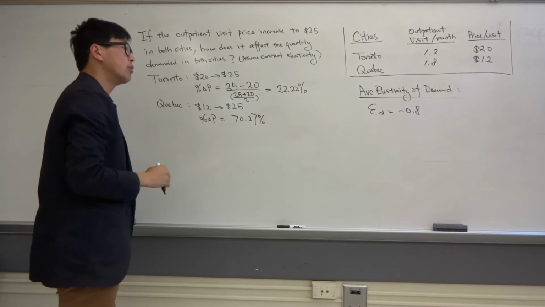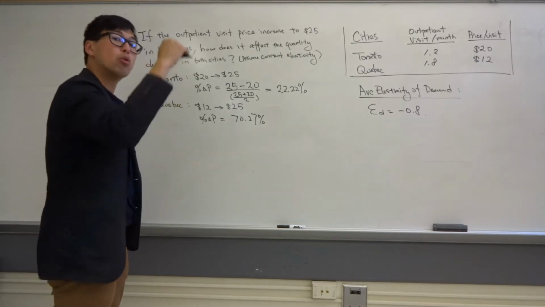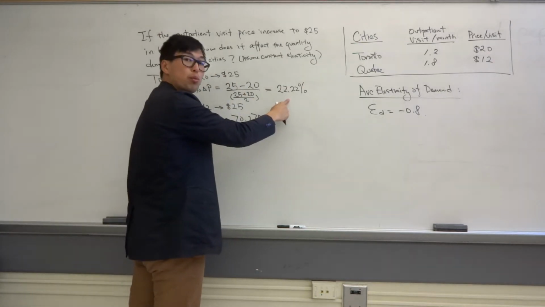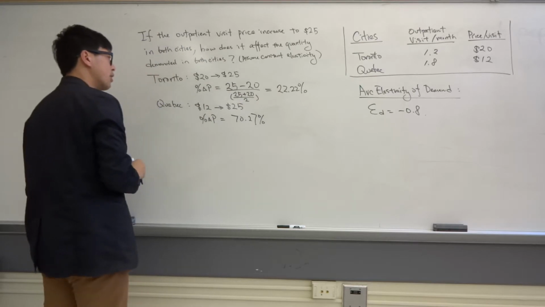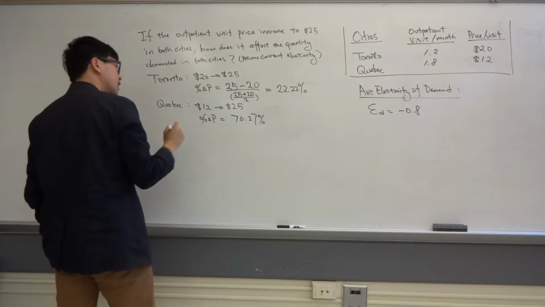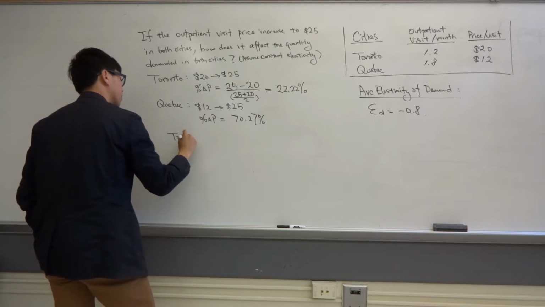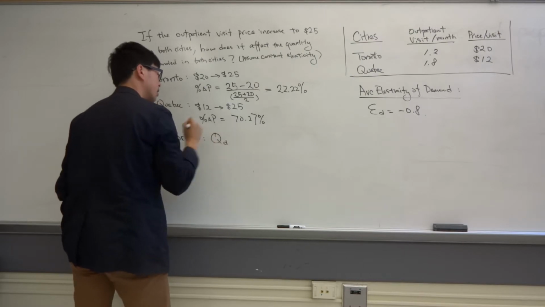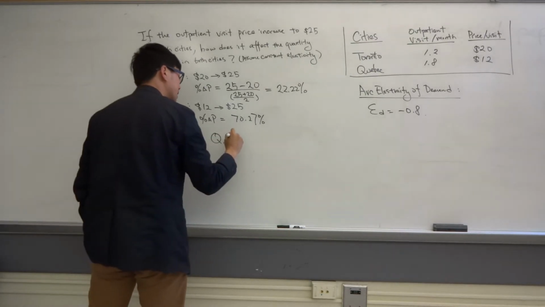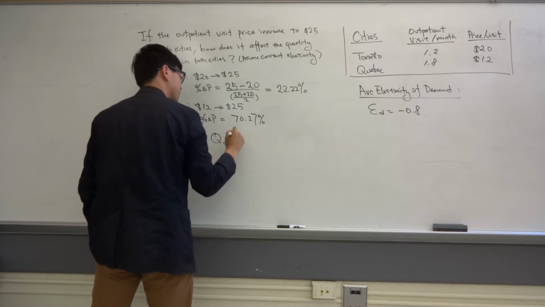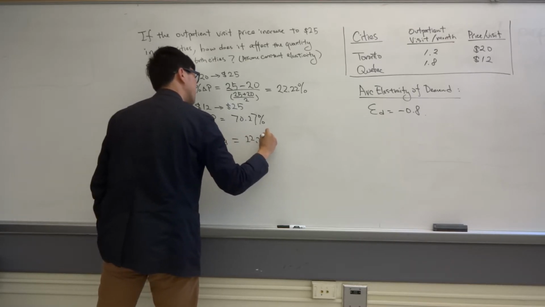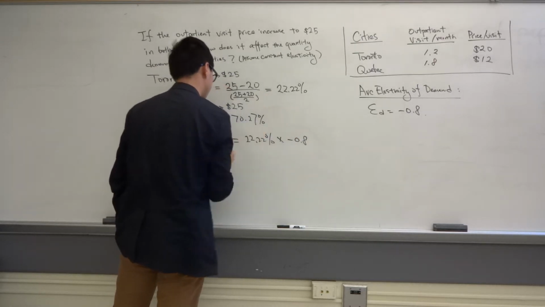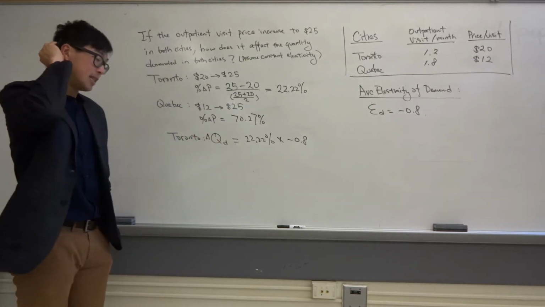Obviously, Toronto will see the quantity demanded for the service go down by 0.8 times the 22.22% that we got from here. So in the case of Toronto, the quantity demanded of outpatient service will be affected negatively by 22.22% times 0.8. This is the change in quantity demanded in percentage.